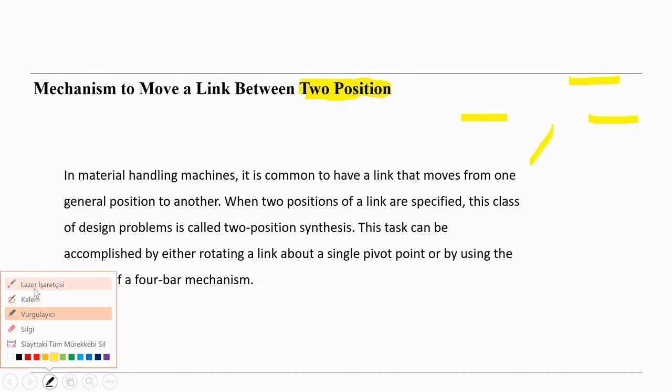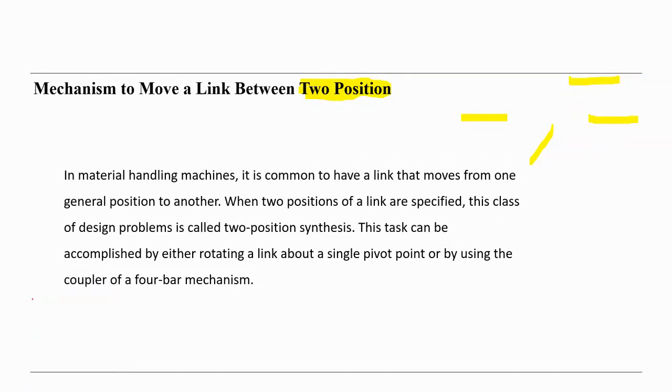This is a link, and this is the first position of the link, and this is the second position of the link. So how can we realize or design such a mechanism?